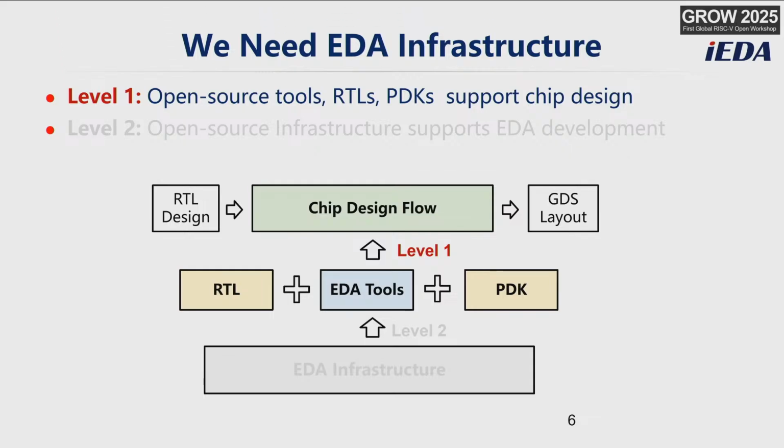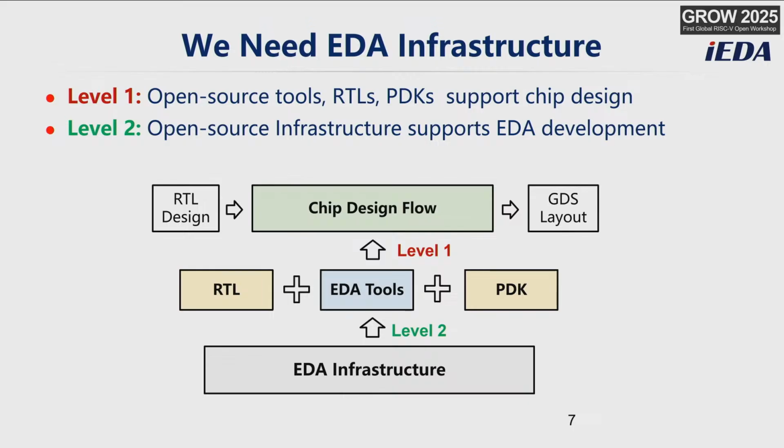However, to facilitate the development of EDA tools, we also need an infrastructure to help the development of EDA algorithms, which can help contributors from diverse academic backgrounds contribute code to open source EDA. This is called level 2.